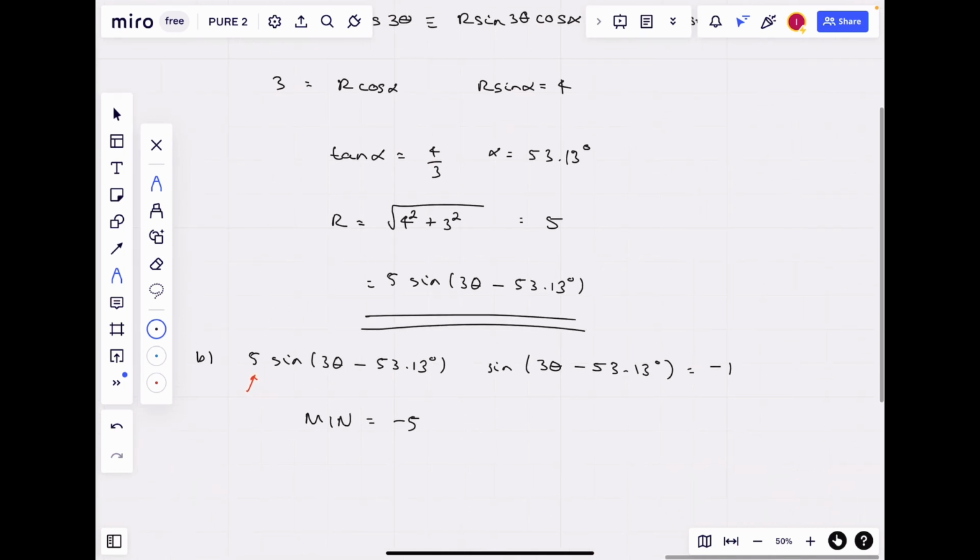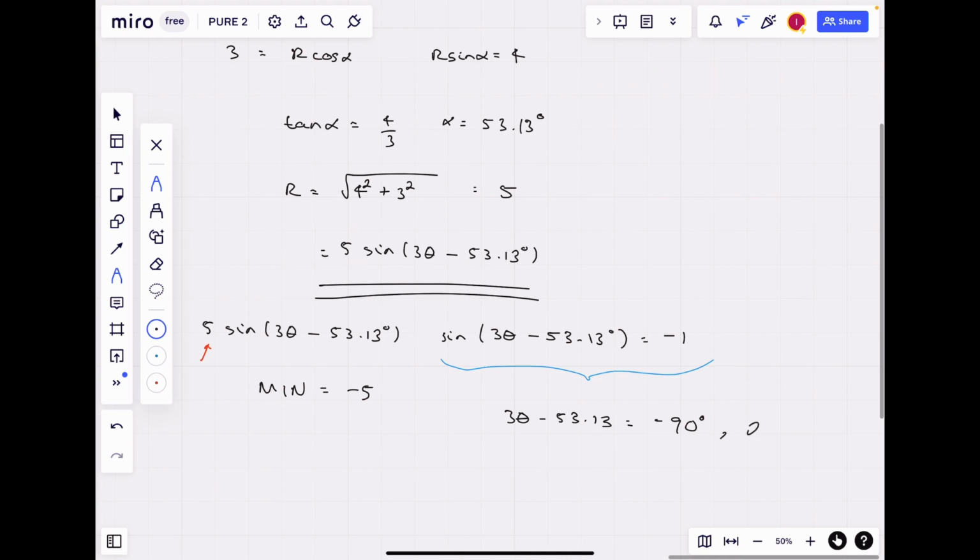This occurs when your sine function is equal to minus 1. Now you want to solve. So 3 theta minus 53.13, if we do sine to the power of minus 1 of minus 1, we get minus 90 degrees.